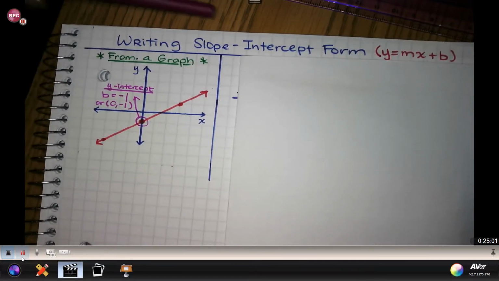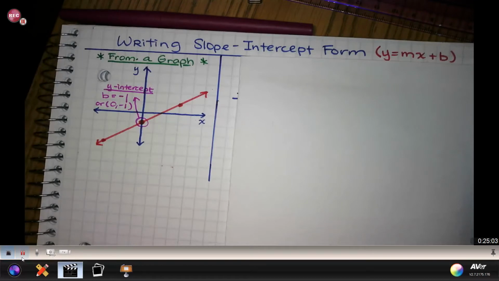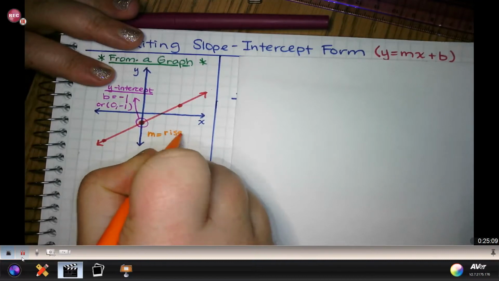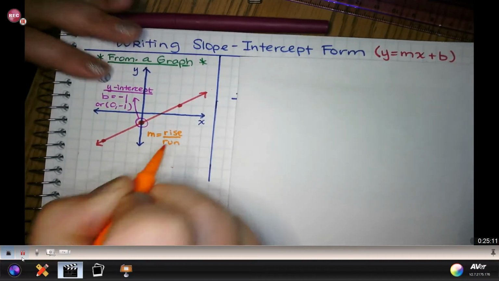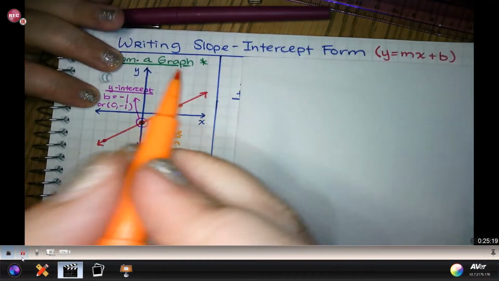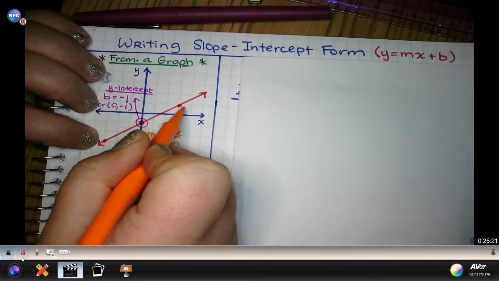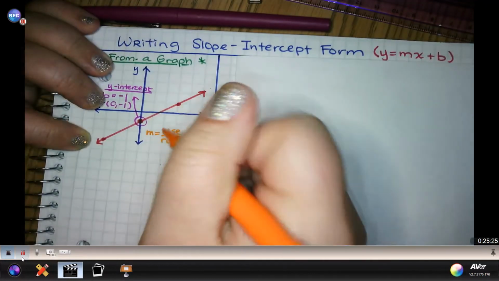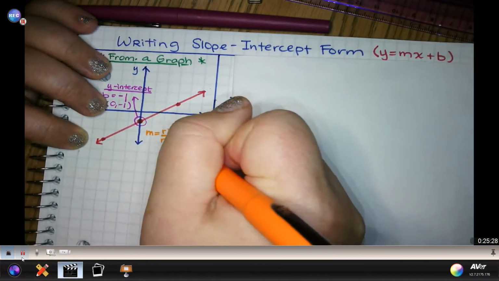The second part is the slope. And remember, we can use slope as rise over run for a graph, just like rate of change. Again, slope is essentially rate of change, but only for constant rates of change. Okay, same thing. So you can pick any 2 points, because I gave you a couple points here, here, and here. And we just need to calculate how much it's going up or down and how much it's going over.